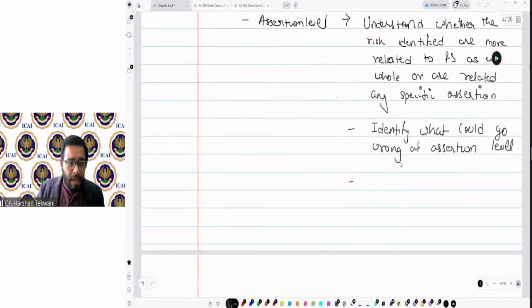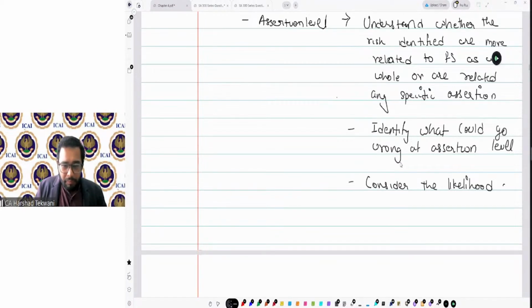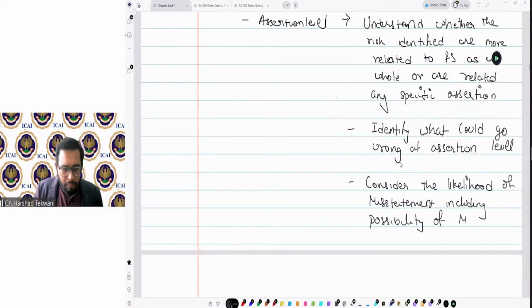Then what does the standard say? Consider the likelihood of misstatement, including the possibility of multiple misstatements.